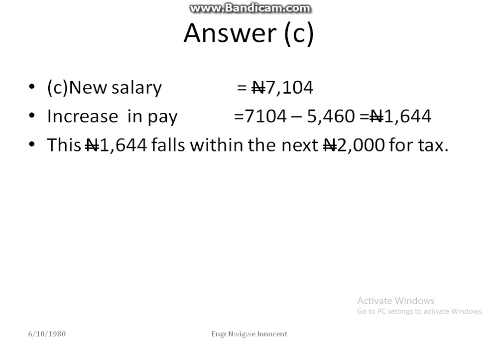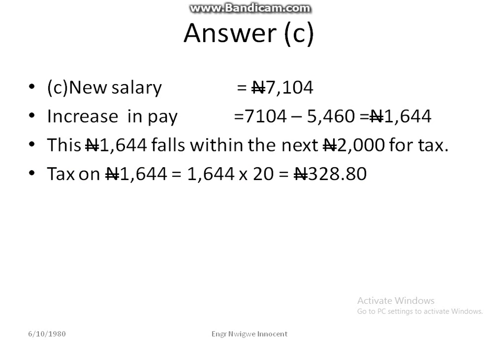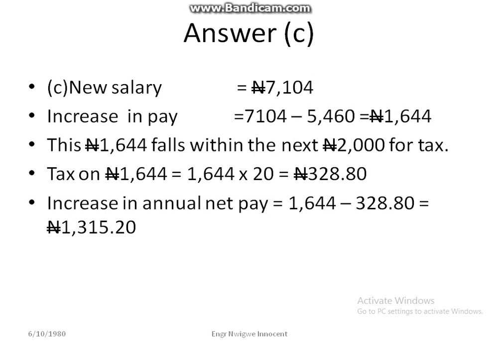Tax on 1,644 naira is equal to 1,644 times 20, which will give us 328.